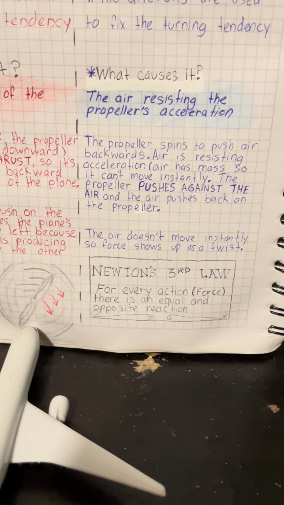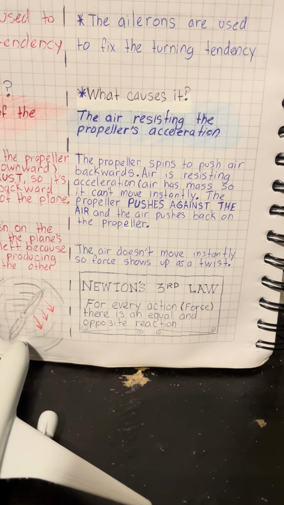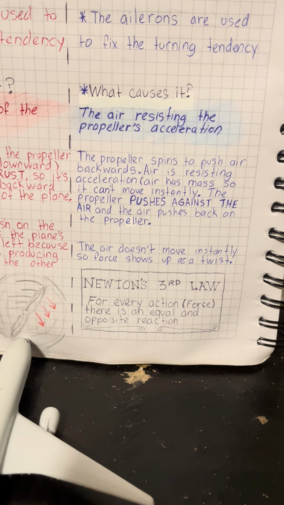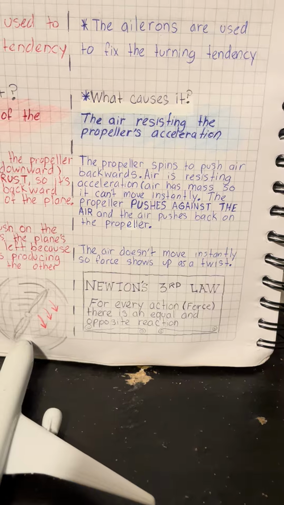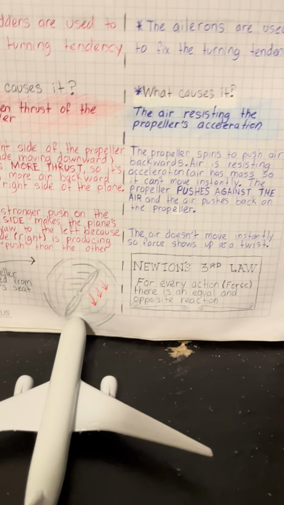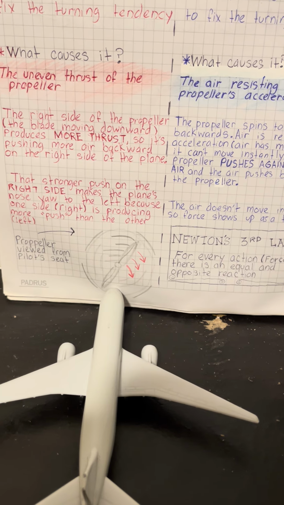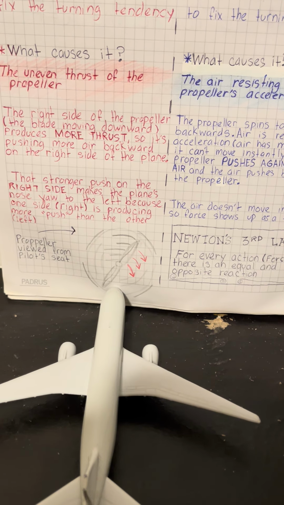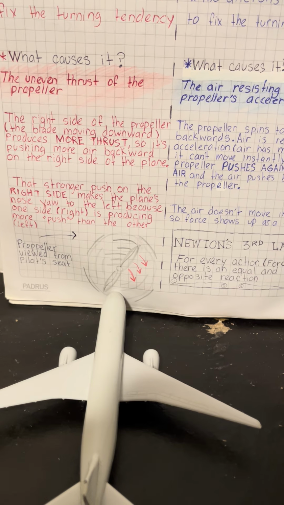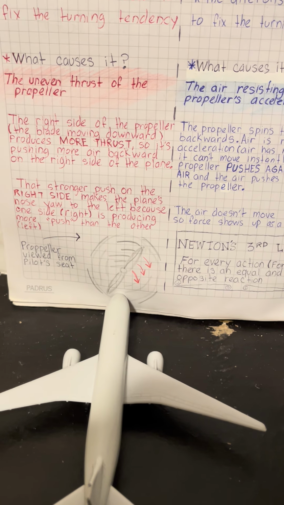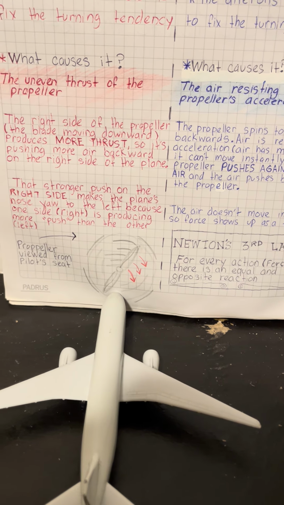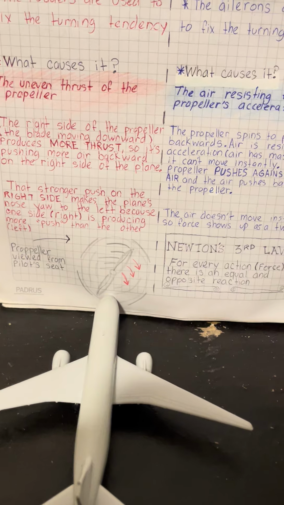Now let's go to the second sentence. Air is resisting acceleration. Air has mass, so it can't move instantly. You remember we talked about air density, that when the air is colder, the air feels a little bit heavier, and when the air is warmer, the air feels lighter. So that's what we're talking about right now, the air density.